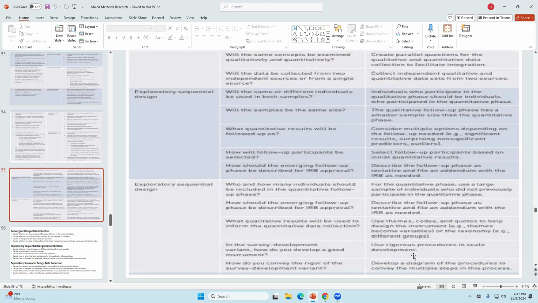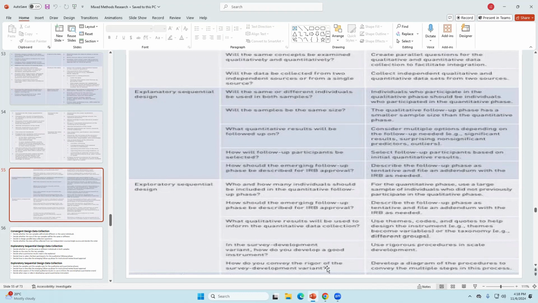Sometimes you might need to apply multiple quantitative phases. Testing, validating, replicating. If you are doing scale development, you develop the scale, you test the scale, you validate the scale, you replicate the scale. How many phases are there? Testing, validating, replicating. Three phases are there.